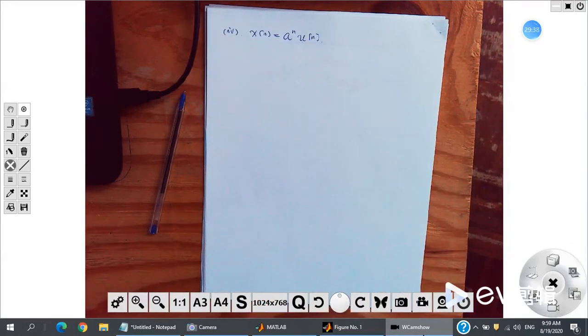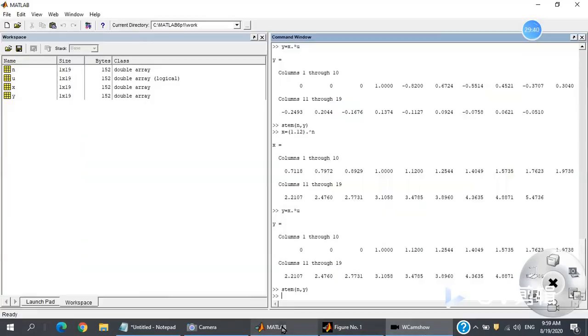Here I can still use the same n, but x is changing. Now x is some capital A, for example 3, times the cosine of omega 0 times n. What is omega 0? Like 0.4, whatever.